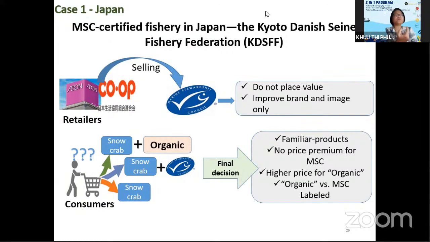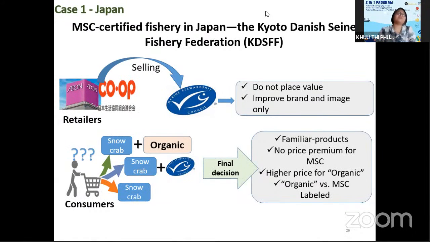And from the consumer perspective, it's very hard to identify and separate which one is better because they have to choose between a lot of products. Snow crab with organic, or snow crab with MSC certification, or snow crab as normal. And their final decision is they will choose the familiar products, like their experience. And that's why there's no price premium for MSC.